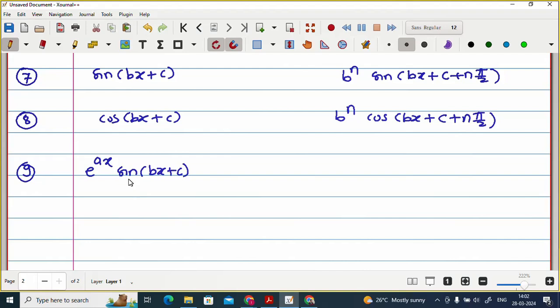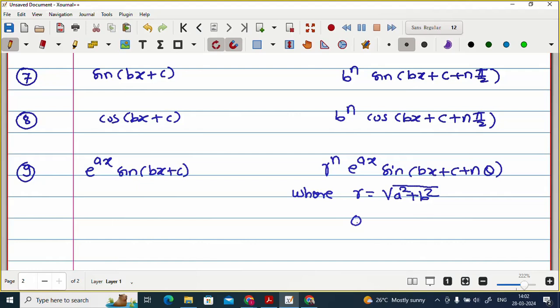If y is in this form, y equal to e raised to x sine of bx plus c, then its nth derivative is given by r raised to n e raised to x sine of bx plus c plus n theta, where r is under root a square plus b square and theta is tan inverse of b upon a.